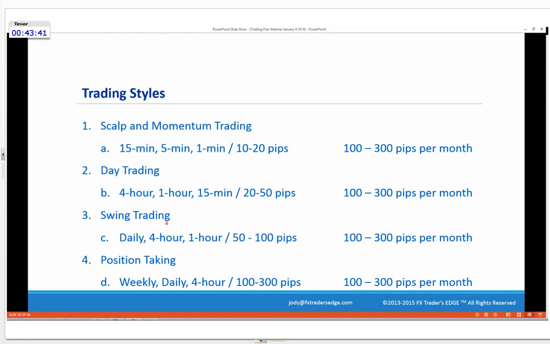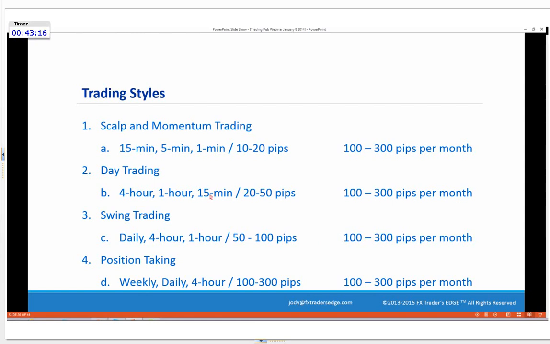As a swing trader, you can make the same 100 to 300 pips a month, but you might be taking 50 to 100 pips a week. Or I guess it doesn't add up quite to 100 to 300 pips a month, but this is what we're looking at. We still get the same result, but you're taking a few more trades.